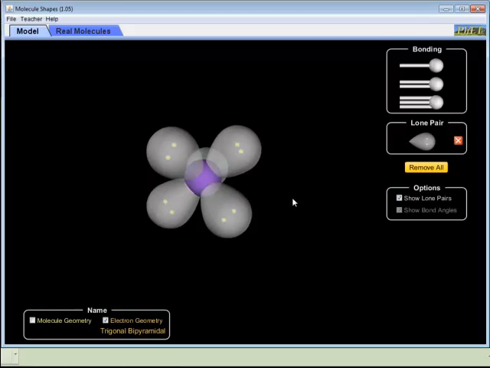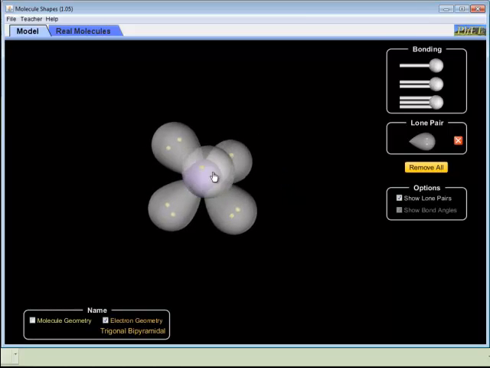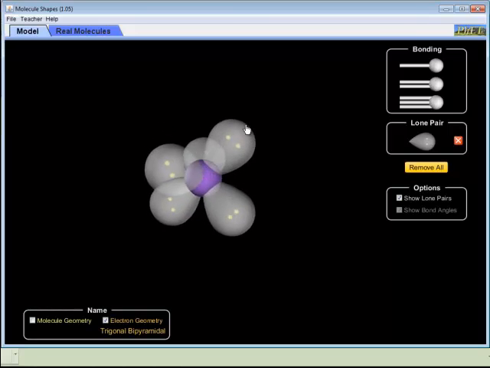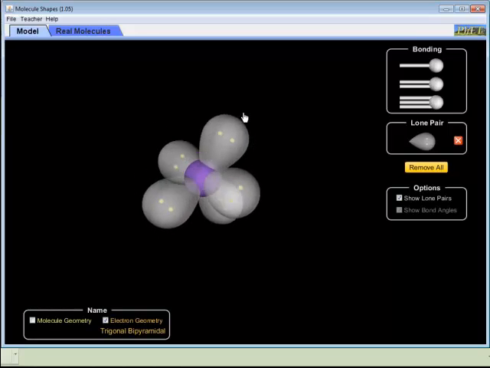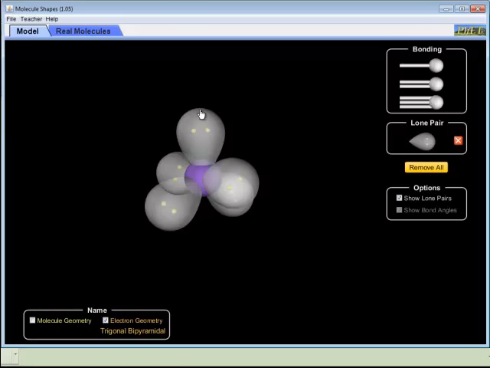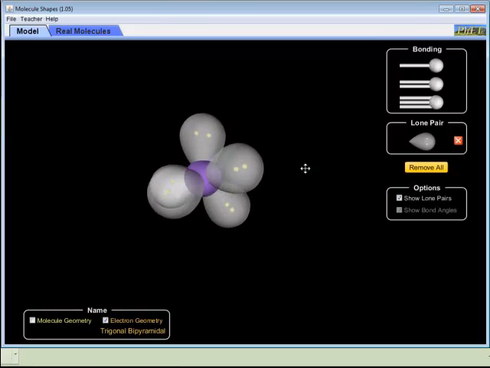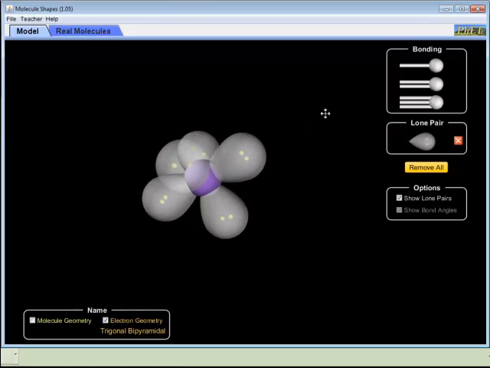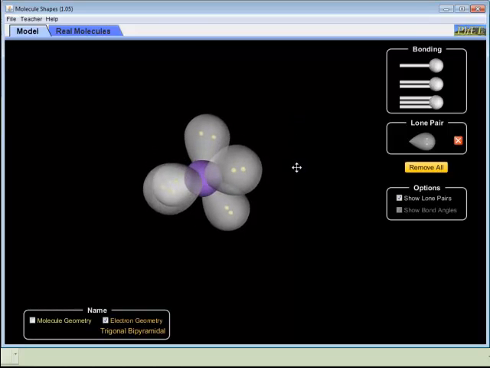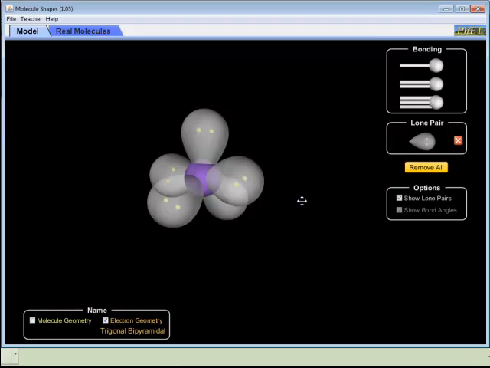Okay, let's add another one, and now you have 5 electron groups. As you can see, if I move it around, the other ones respond because they repel each other. Now you have a shape that requires some good knowledge of 3D geometry.